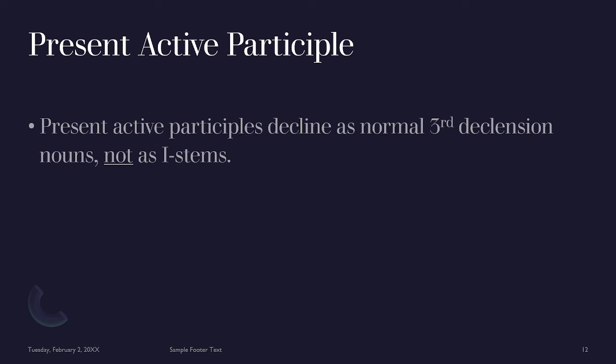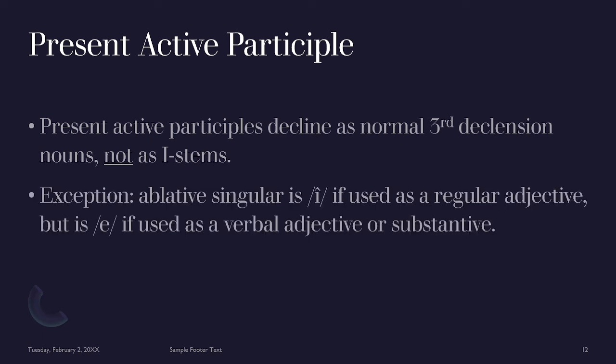When we have to decline present active participles, they decline like their normal third declension nouns, not as i-stems. That's what most third declension adjectives usually do, but not present active participles. So no having to worry about adding extra i's to um or to a or anything like that. The one exception, because there's got to be exceptions, especially when we're dealing with anything labeled third, is the ablative singular.